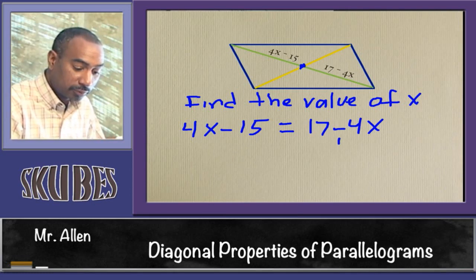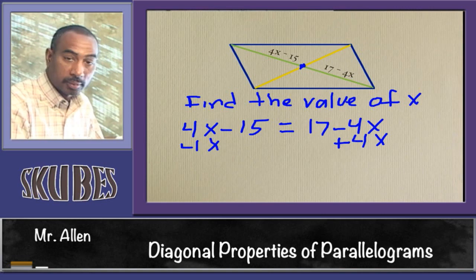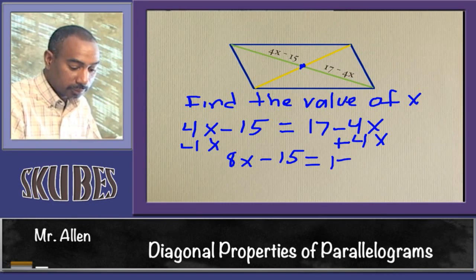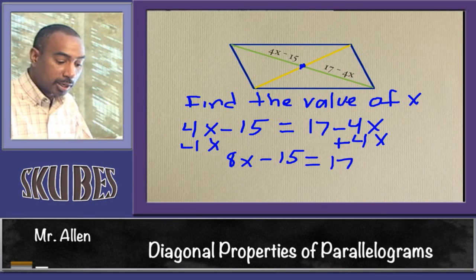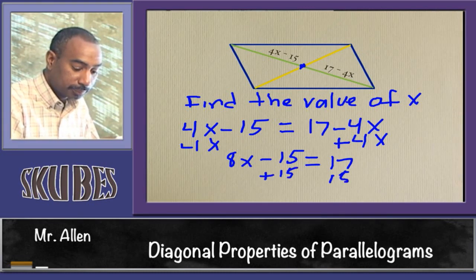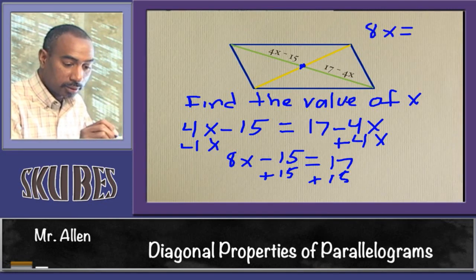So I can add 4x to both sides. So I'm left with 8x minus 15 equals 17. If I take the opposite of negative 15, I add 15 to both sides. So we're left with 8x equals 32. Dividing both sides by 8 gives us what x is, and x would be 4.